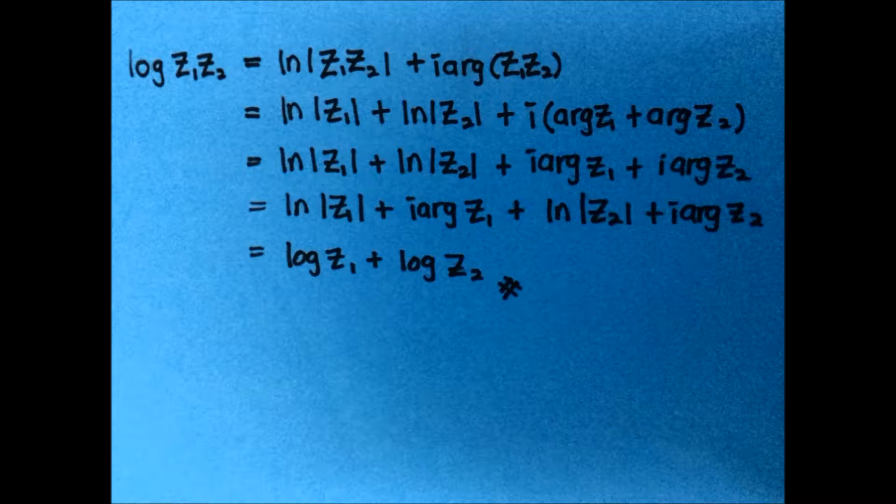Next, we must rearrange it as ln absolute of z1 plus i argument of z1 plus ln absolute of z2 plus i argument of z2. Therefore, we can conclude that log z1 z2 equals log z1 plus log z2.